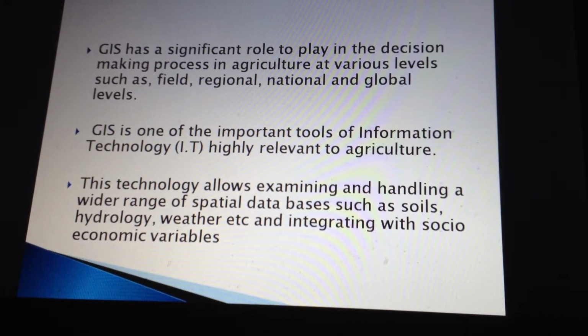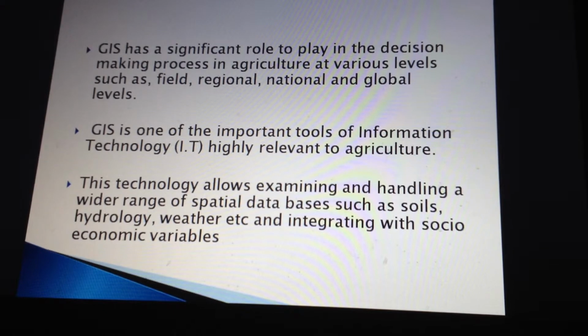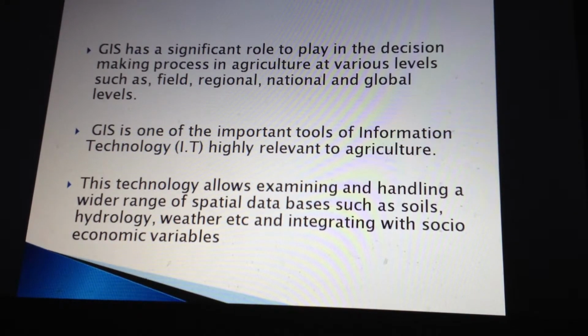GIS has a significant role to play in the decision making process in agriculture at various levels such as field, regional, national, and global levels. GIS is one of the important tools of information technology, IT, highly relevant to agriculture.